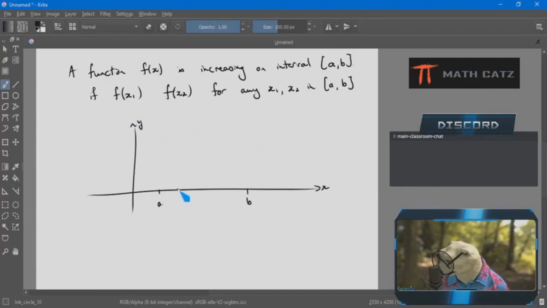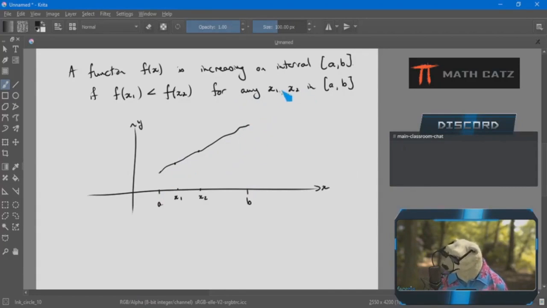If I compare any two x values and the y values, the points need to be going up in terms of the y value. So the second one needs to be bigger than the first one, or the first needs to be smaller than the second. I need to be going up in some way. It could be wobbly, but from A to B, I need to be going up.